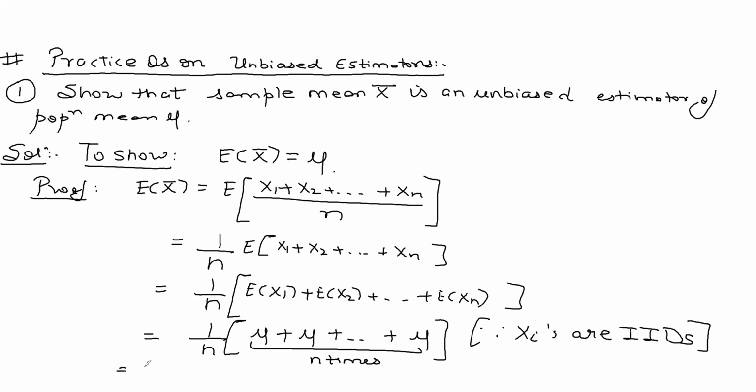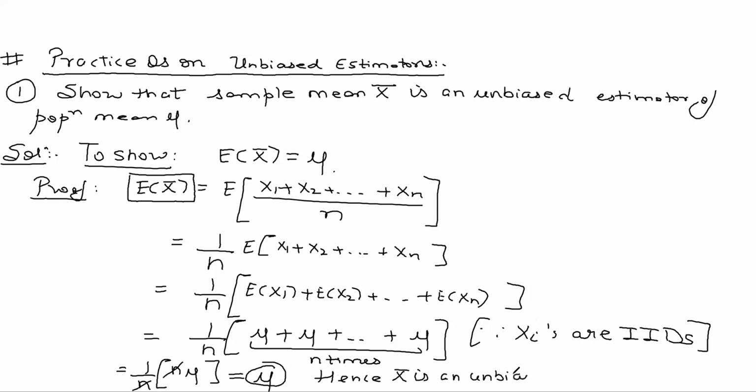So I can write 1 upon n times, if I add mu n times, I get n mu, n and n cancel, I get mu. So we have shown that expected value of x bar is equal to mu. Hence, x bar is an unbiased estimator of the population mean mu.